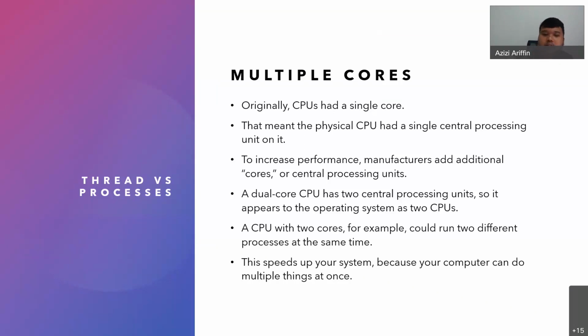So they added more CPU cores in one physical processor. A dual core CPU means that it has two central processing units, and it appears to the operating system that the system has two CPUs. A CPU with two cores, for example, could run two different processes at the same time, in parallel. Because it's no longer one CPU core that we trick with hyperthreading into showing it can do two.